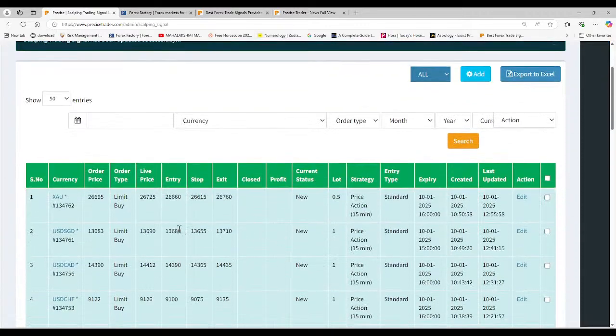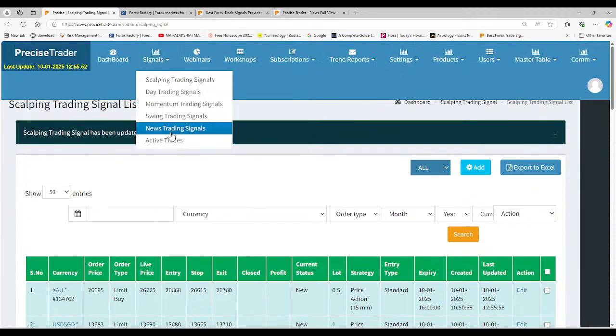We are just giving an extension. So we'll try to exit before the previous high and try to buy above the previous low.